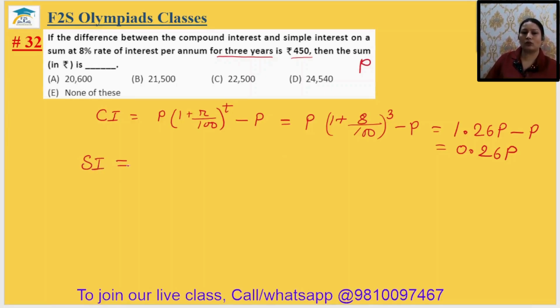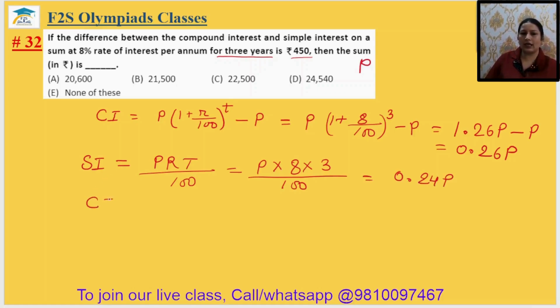We know the formula for simple interest equal to P into R into T upon 100. P we have to find out. P into R is 8%, here for 3 years, and upon 100. So it will be 0.24P.